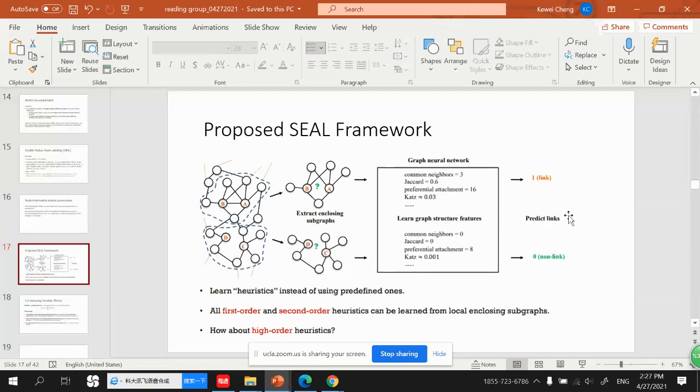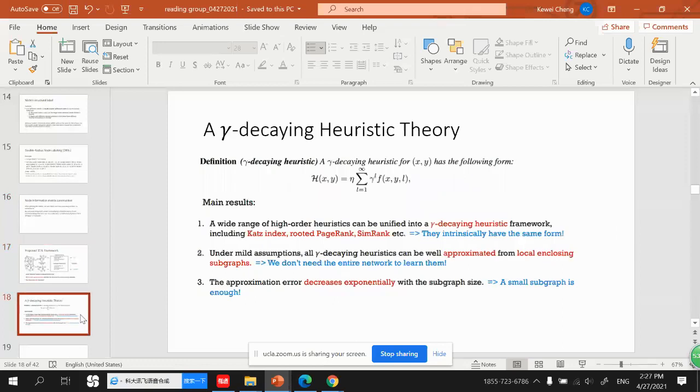Whether we can still capture the high order heuristics using the SEAL framework is a question.